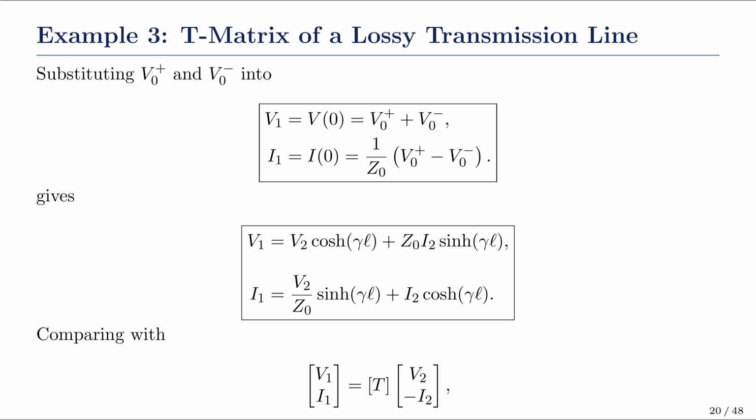We therefore obtain V1 as V2 hyperbolic cosine of gamma L plus Z0 I2 hyperbolic sine of gamma L. Similarly, I1 is V2 over Z0 multiplied by hyperbolic sine of gamma L plus I2 hyperbolic cosine of gamma L. Comparing these equations with the standard transmission matrix definition immediately reveals the four ABCD parameters.